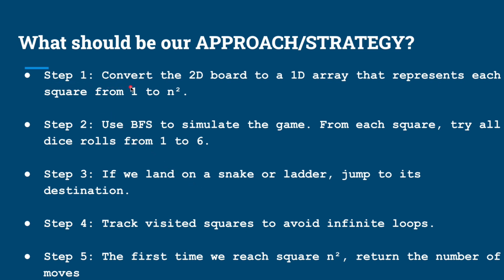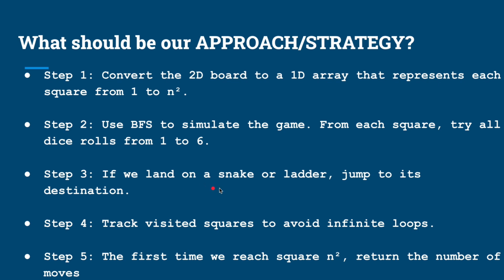In step 1, we will convert the 2D board to a 1D array, like I have shown you, and that represents each square from 1 to n square. Then we'll use BFS for this game, and for each square we'll try all the rolls 1 to 6.